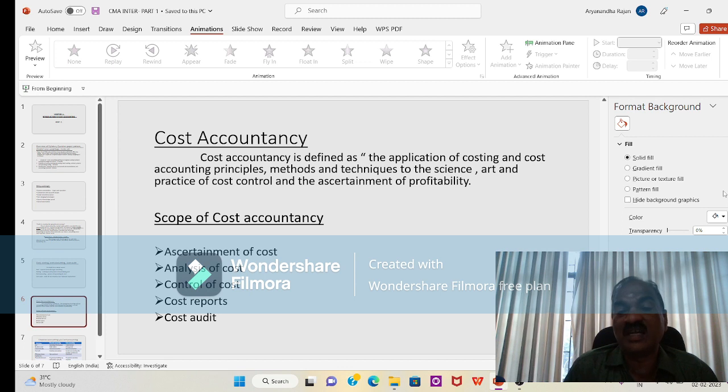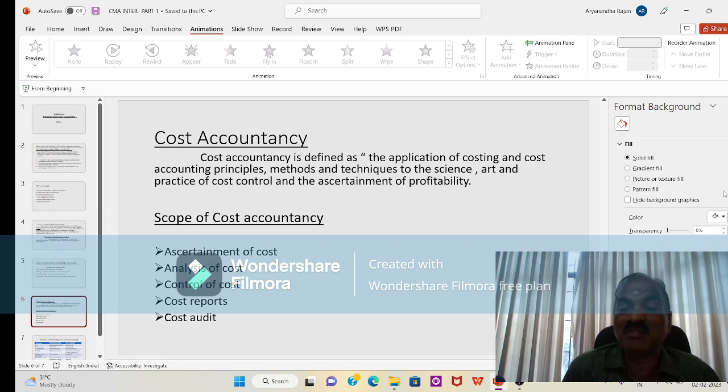So, cost accounting is a science as well as an art. What is the difference between science and art? If something is true everywhere, we can call it science. Application of art is also there. If you are creating an artwork, drawing a picture, that is art. You cannot set principles for drawing a picture.